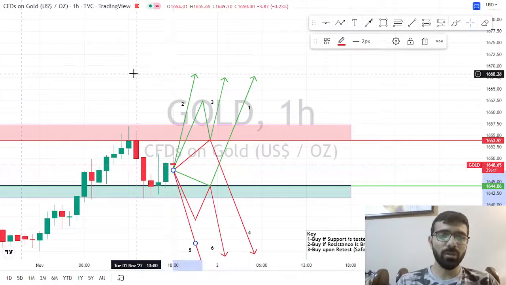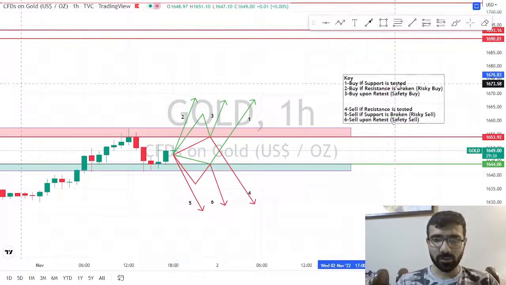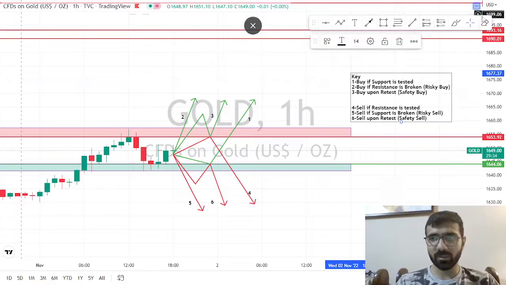So I think now it is pretty much clear. The picture is very much clear.